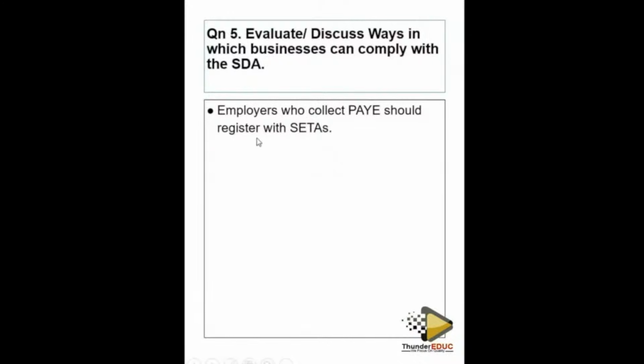So here it says that employers who collect PAYE should register with SETAs. If as an employer you are the one in charge of collecting that income tax, it means that you also have that chance or platform to register with a SETA. So now, moving on, 1% of an employer's payroll has to be paid over to the SETA. This one, if you still remember, I've been stressing it a lot.